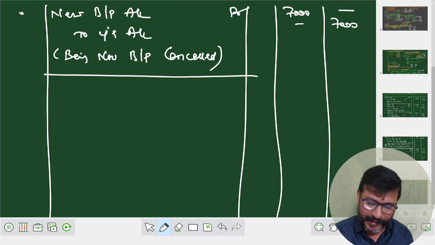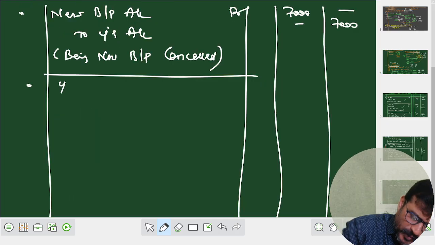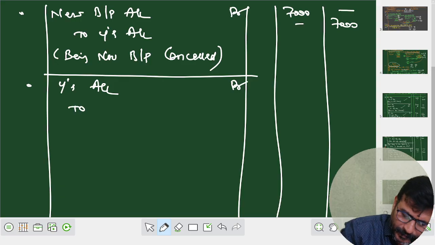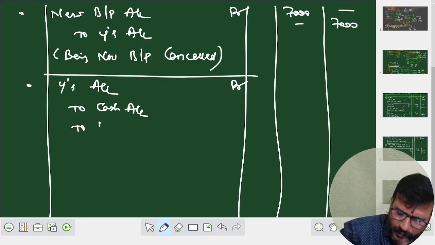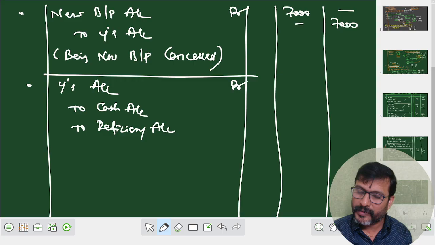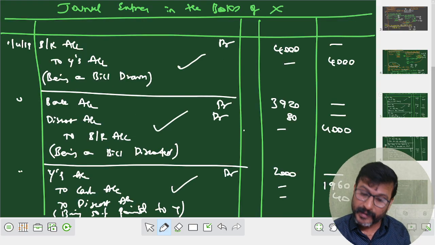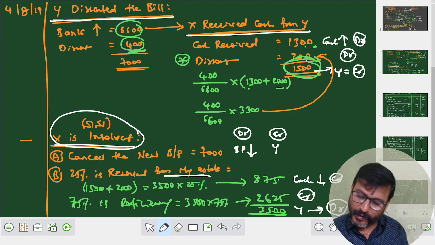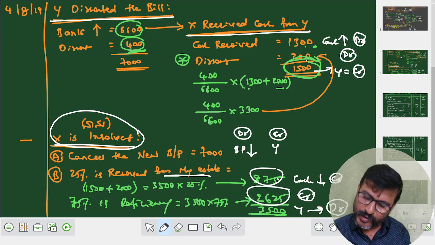Now the journal entry, the last entry of this problem: Y's account debit to cash account, to deficiency account. How much? See how much we have to write.